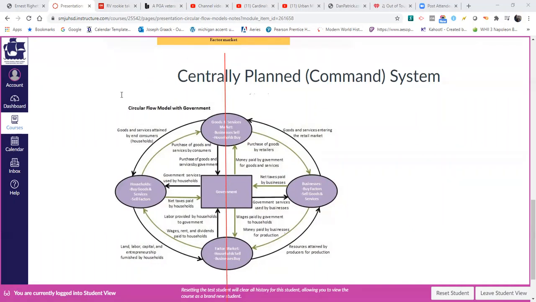We'll have a factor market, which is provided by the households, right? So households basically take their land, labor, capital, entrepreneurship and put it into the market. Here we have the product market, which is finished goods and services. And that's exchanged with the households.